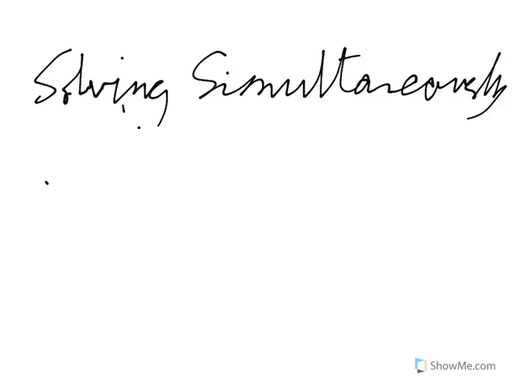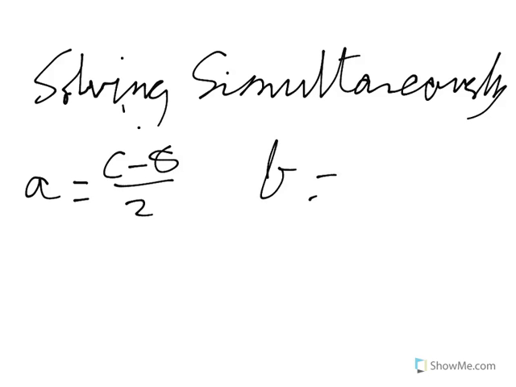And when you do that, you find that a is equal to (c minus 8) over 2, and b is (negative 3c plus 20) over 2.